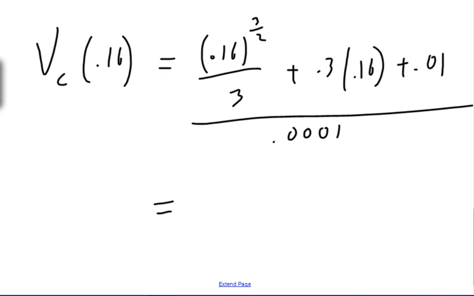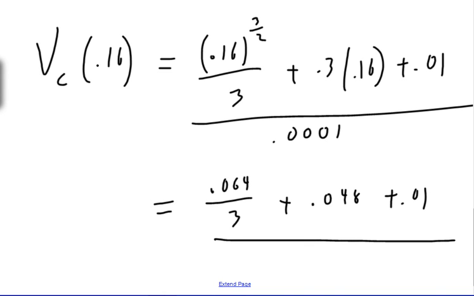The square root of 0.16 is 0.4. 0.4 raised to the 3rd power is 0.064, divided by 3, plus 0.032 plus 0.01, divided by 0.0001.